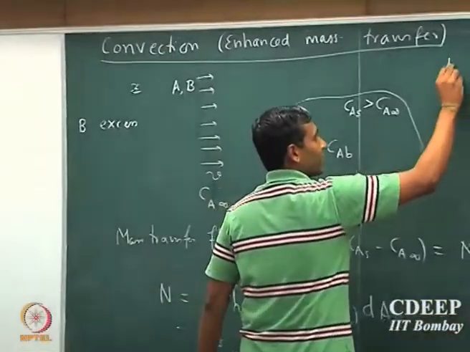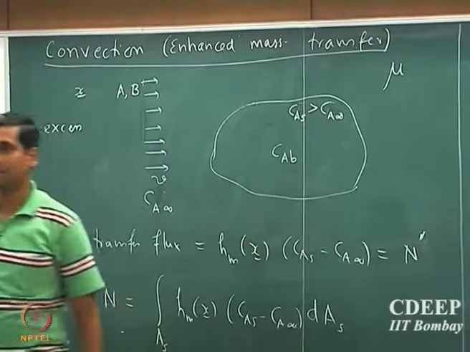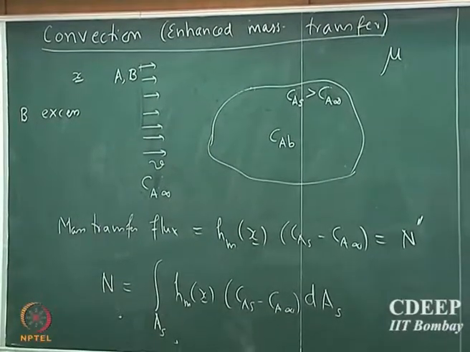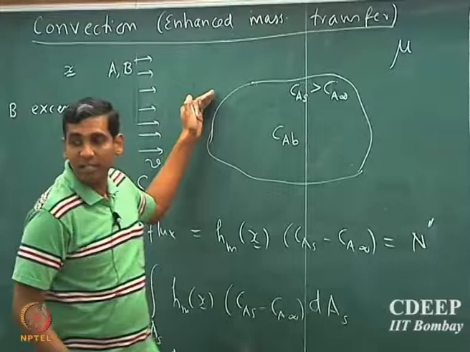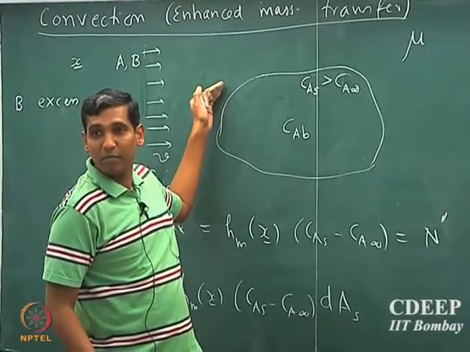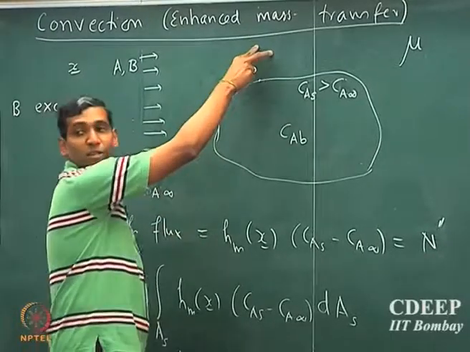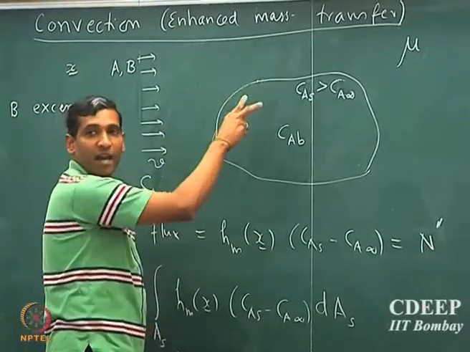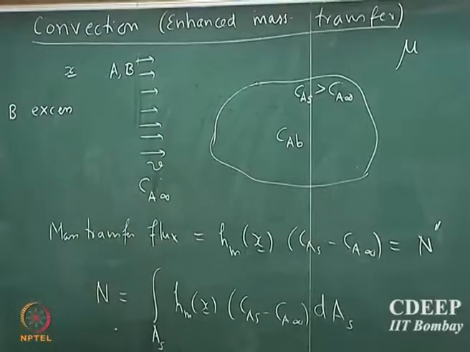Have you heard of chemical potential? You must have heard of chemical potential, right? So what you have to match at the boundary is actually an equilibrium between the species which is present in the gas phase and the species which is present in the bulk phase.